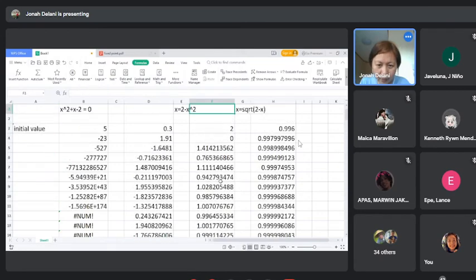Then that value is the root of the function x squared plus x minus 2. Substitute it: 1 plus 1 minus 2 equals 0, right? Of course, this function has two roots. One is negative 2, the other is 1.